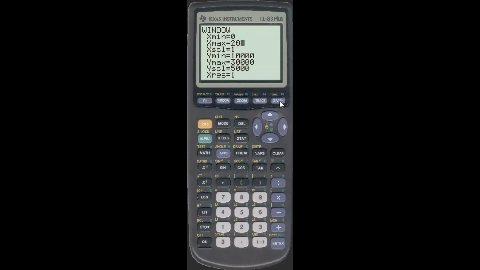Yeah, and 20. I'll change the rest. I will hit graph. You should see something that goes up and then comes down and crashes. The thing that's maybe not clear that we should change in your window is we probably should have made our X max 20 instead of 10. So you're going to make that change on your answer sheet. That's probably a better thing to do.